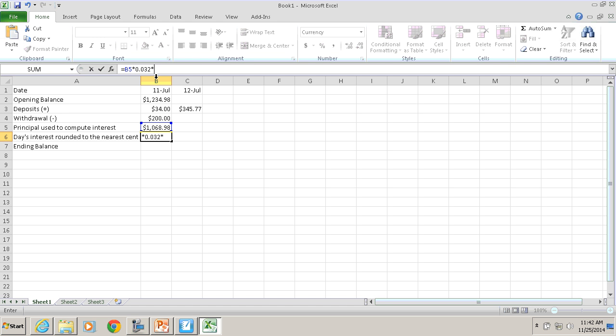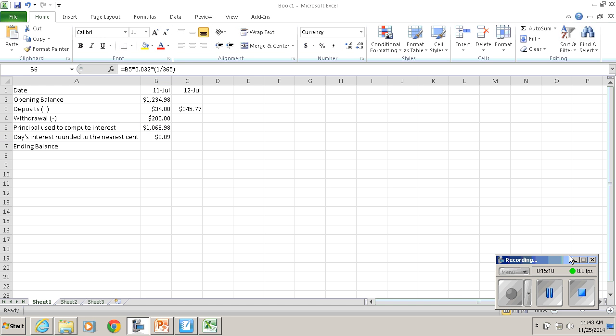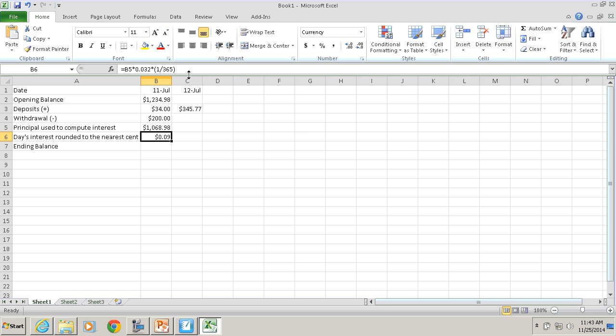Now, we've got to look to see what our time is. Okay, so our time is going to be 1 over 365, because it's computed daily. We enter, we get 9 cents.